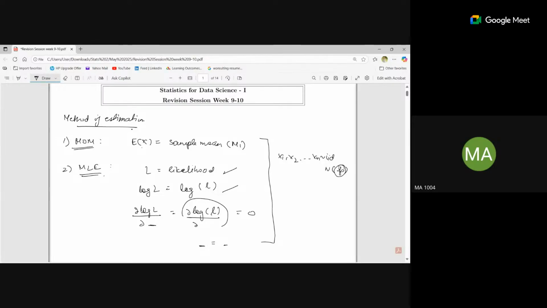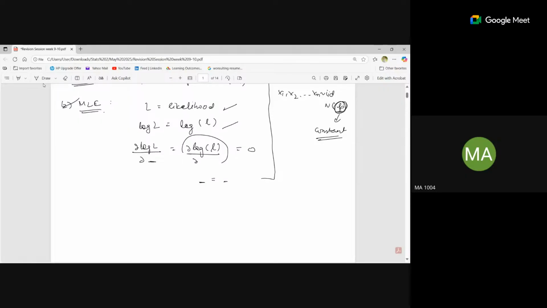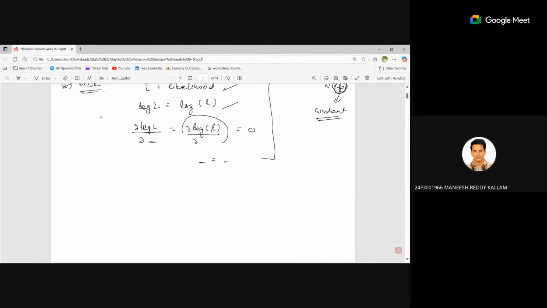This parameter p is a constant value, not a variable. So when my parameter p is a constant value, I estimate it with the help of MOM and MLE. These are the two methods. Is it fine? Yes, ma'am.